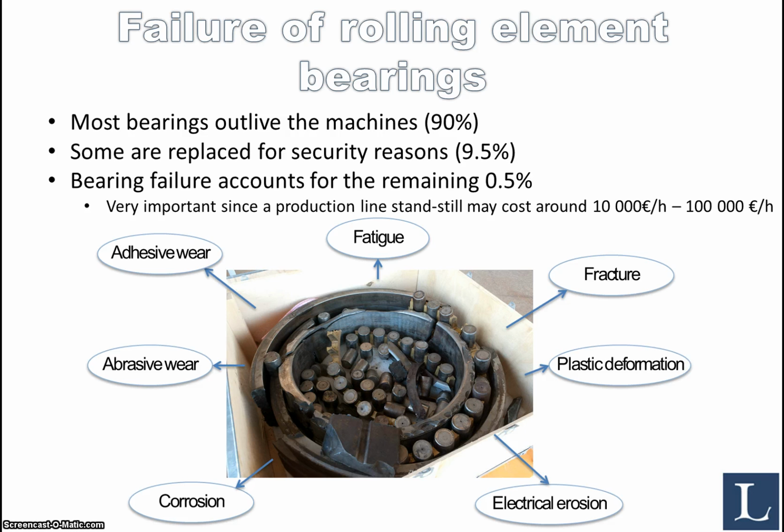So typical mechanisms that you encounter are fatigue, of course. You have fracture of the bearing, plastic deformation, electrical corrosion, electrical erosion, corrosion of the bearing, abrasive wear, and adhesive wear. And I'll be discussing these individual mechanisms a little bit more in detail.